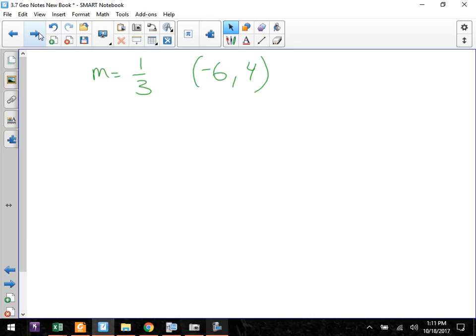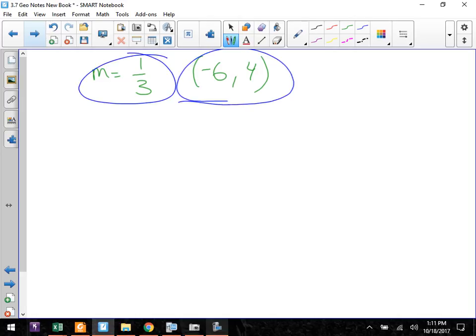Hey guys, suggestion, because I know where things are getting messed up. When you have these problems, it does not say that that's a y-intercept. It just says it's an ordered pair, which means you're not going to use slope-intercept form. That means you have a point and a slope.